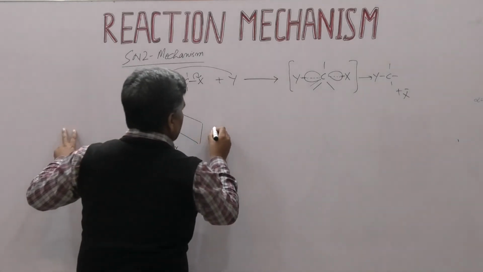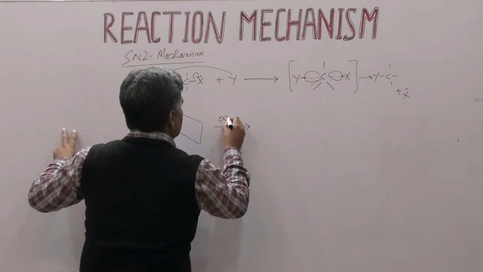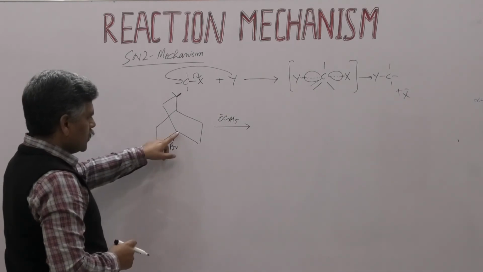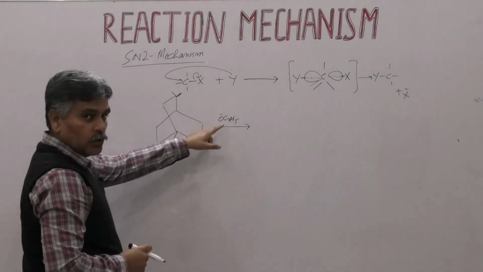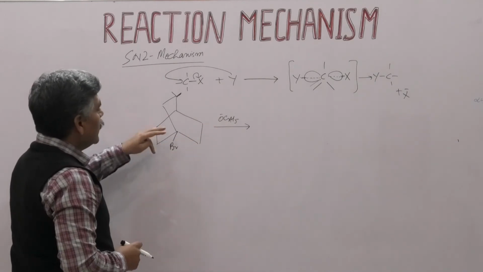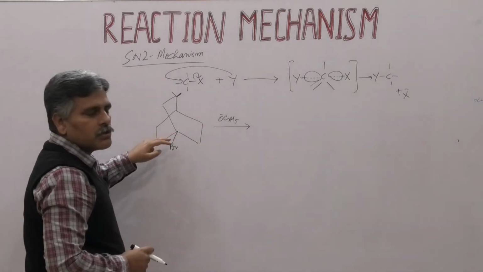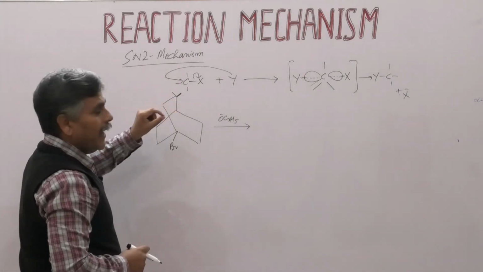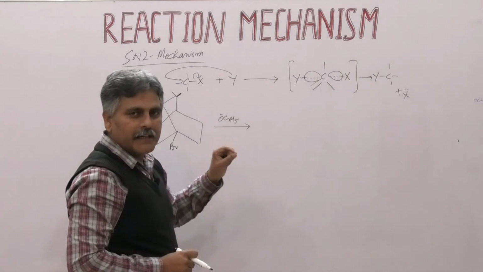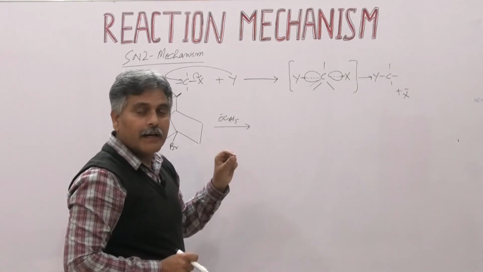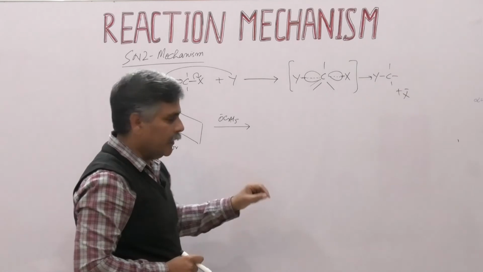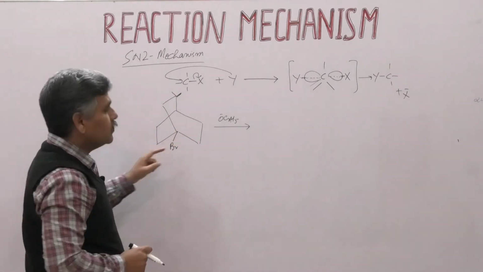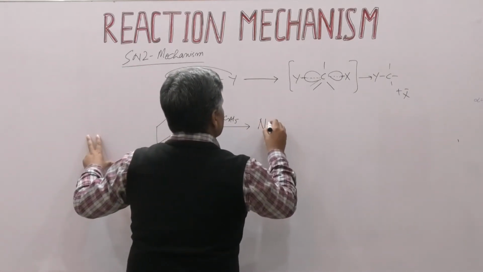The leaving group is present, this carbon is partially positively charged, and the attacking nucleophile is also present, but the backside attack at this carbon is not possible due to steric factors. So if the Sn2 mechanism is correct, and in the Sn2 mechanism the attacking nucleophile attacks from the opposite side of the leaving group, then this substrate should not give nucleophilic substitution reaction. So here we have no reaction.